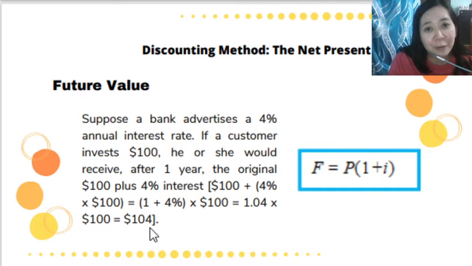Therefore, after the investor has invested for a period of time at a 4% interest rate, he can get $104,000. So if you could see, his money earned $4,000. To compute for the future value, this is your formula: principal amount times the interest rate, and then we add the interest.